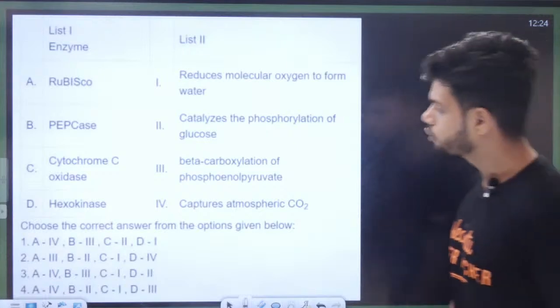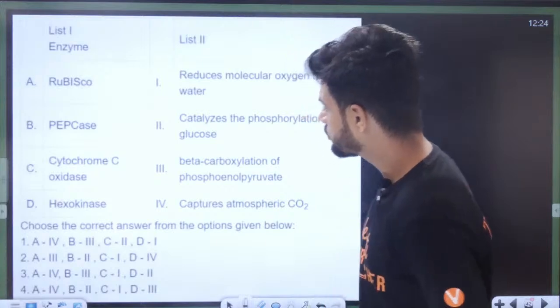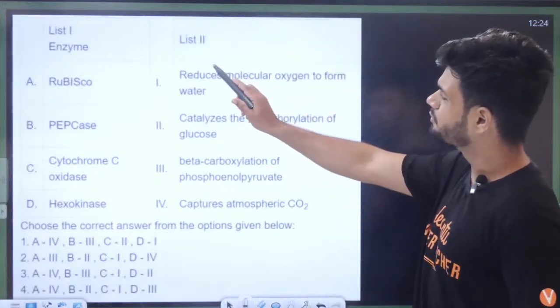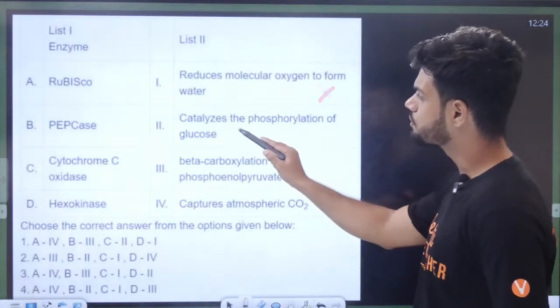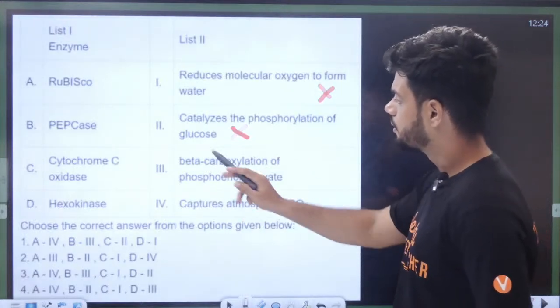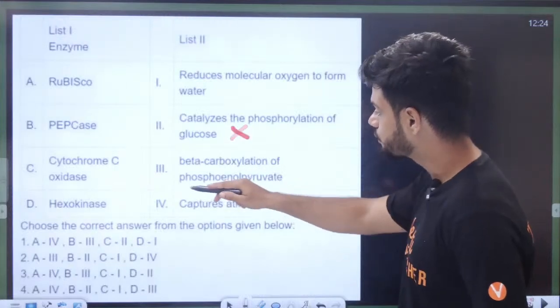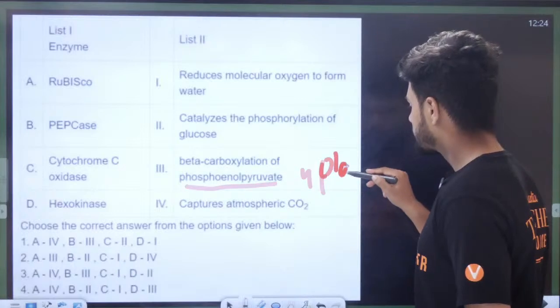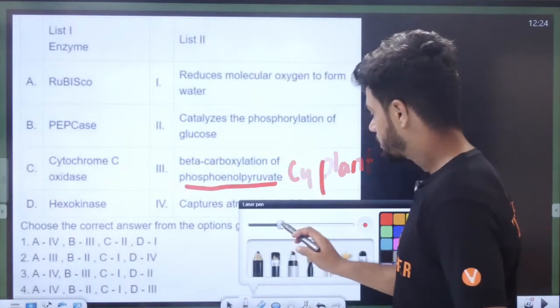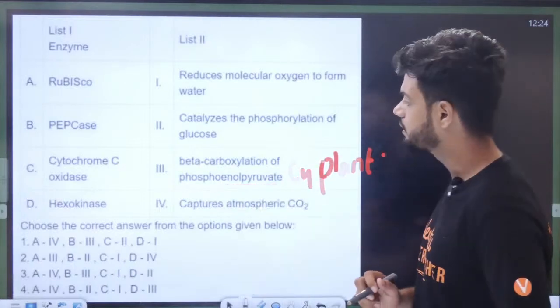See, RuBP, you know, right? Does it involve reduction of water molecule? No. Catalyze the phosphorylation of glucose? No. Beta carboxylation of phosphoenol pyruvate in your C4 plants? Yes or no? Tell me.